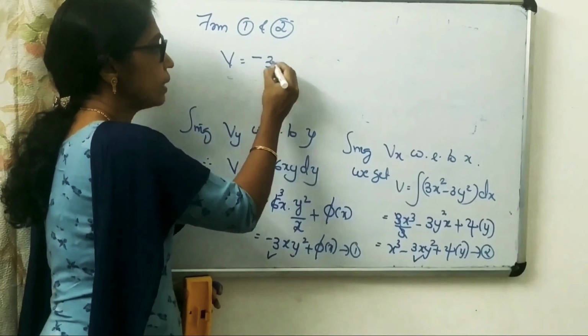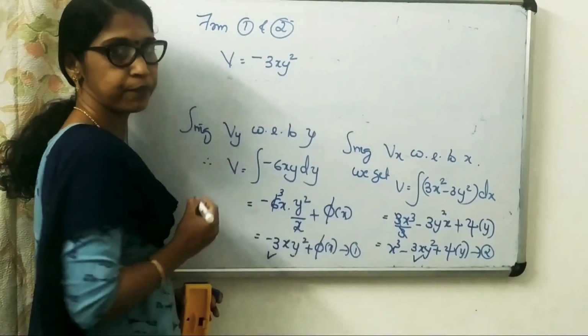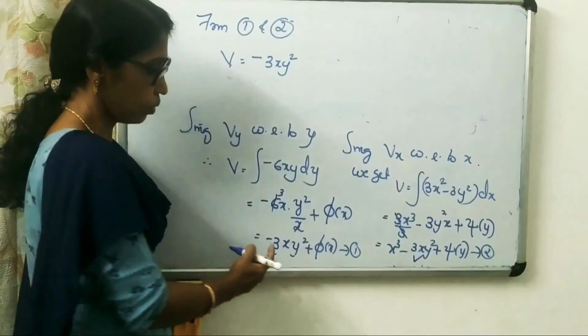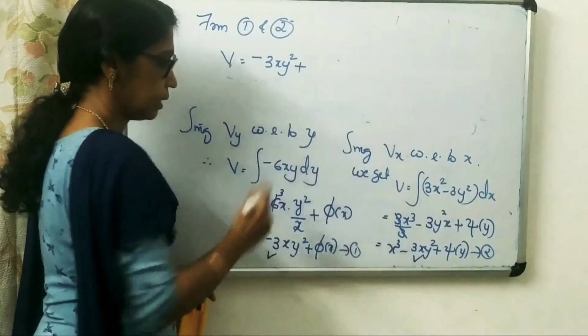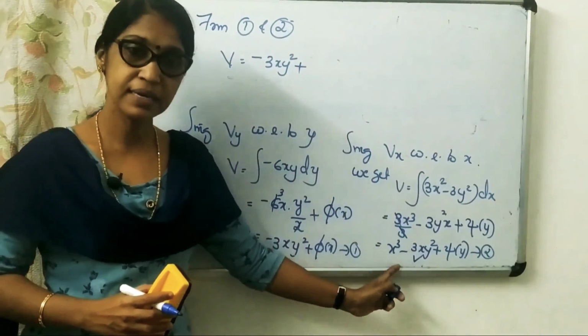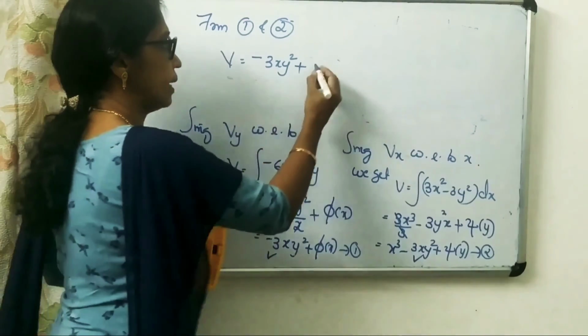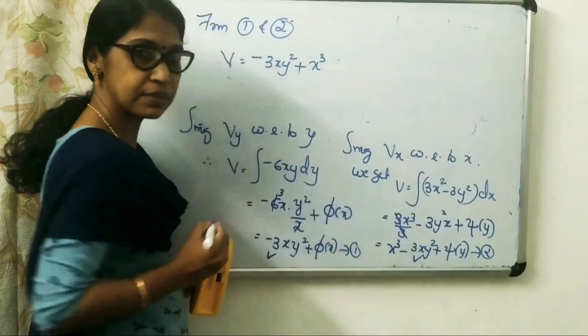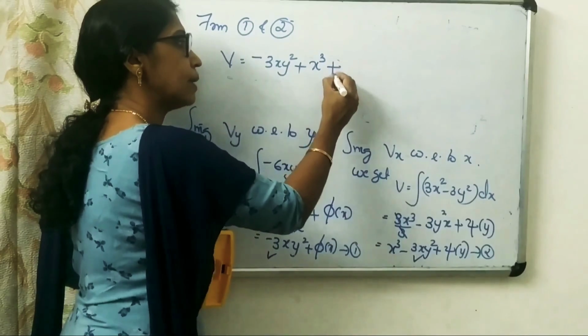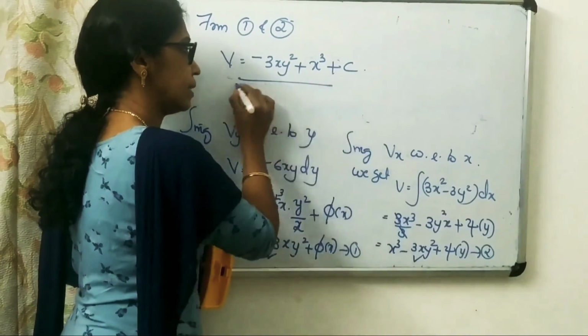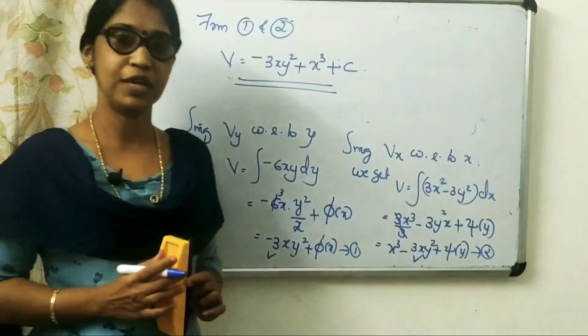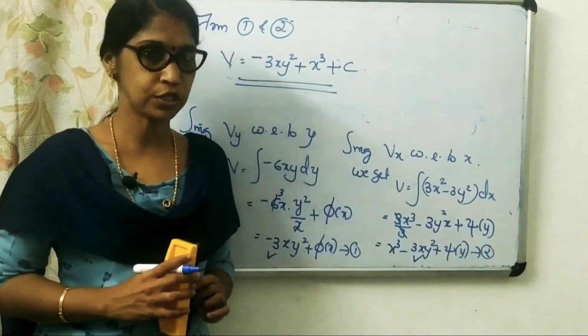The other remaining term is x^3, plus a constant of integration c. So v = -3xy^2 + x^3 + c. This is the harmonic conjugate.